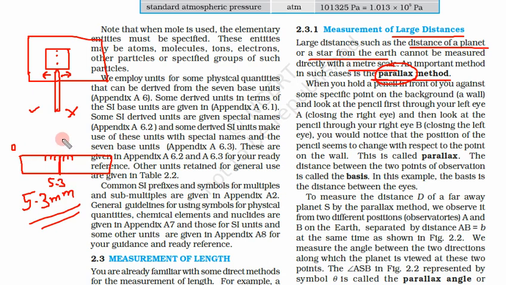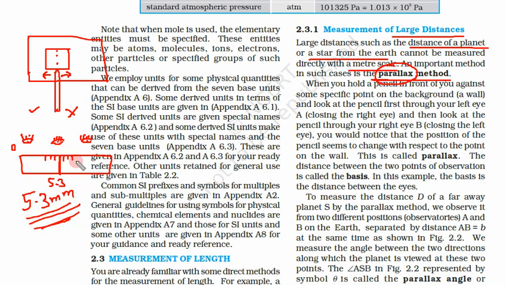So either you can put your eye just in front of this point, or you can put your eye left of this point, or you can put your eye right of this point. And you will find that when you see from just above, the distance is perfectly correct.